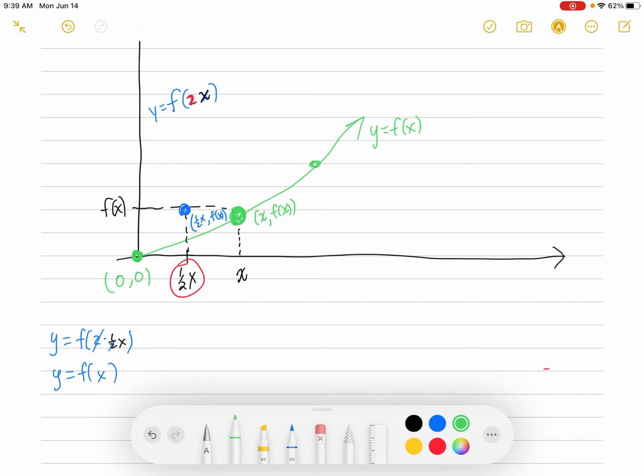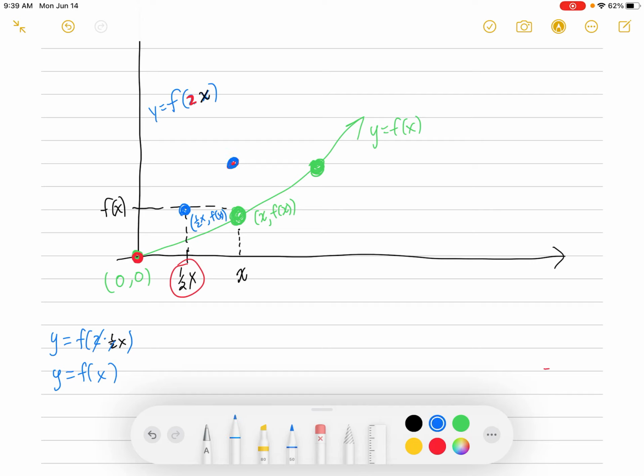It halves the x-coordinate. Now, if I go back to this origin point, 0, 0, on my original function, my parent function, and I multiply the x-coordinate by 1/2, it's just going to stay 0. So a red point goes there. And let's say I go to this point here on the right of my original function, and let's say I multiply my x-coordinate by 1/2, it's going to half my x-coordinate.